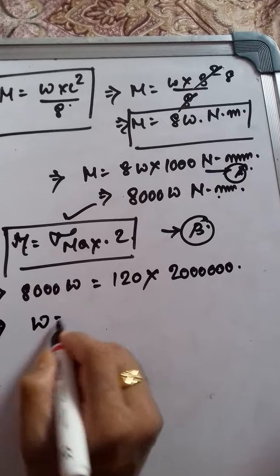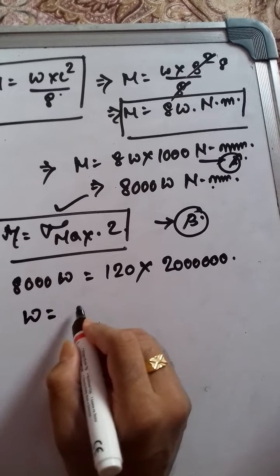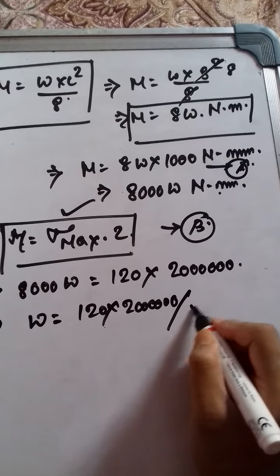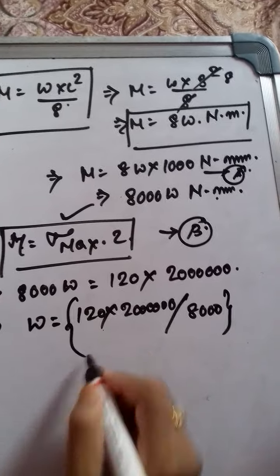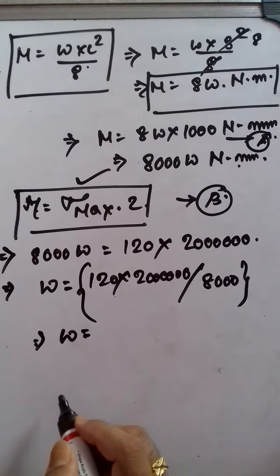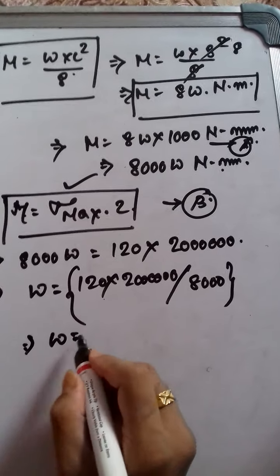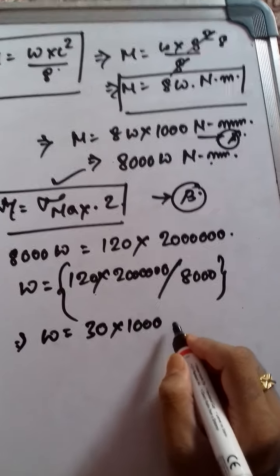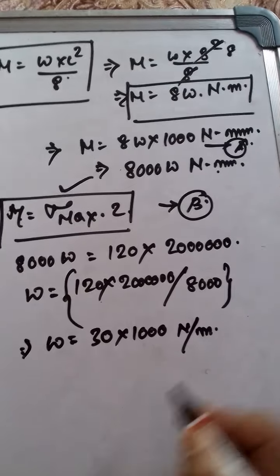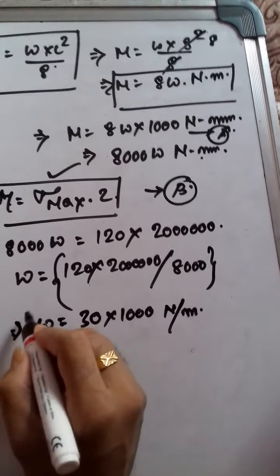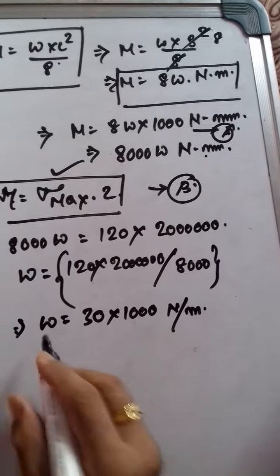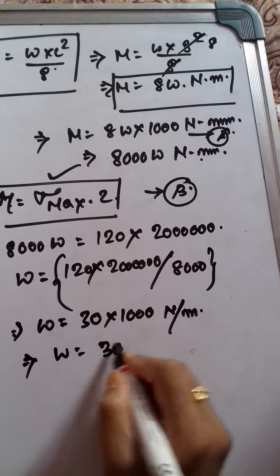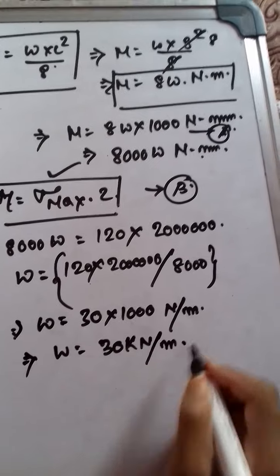So you will get the value of W from this equation divided by 8000. So W is equal to 30 into 1000 Newton per meter, right? Because it is UDL, so intensity is per meter length, or you can write 30 kilonewton per meter.